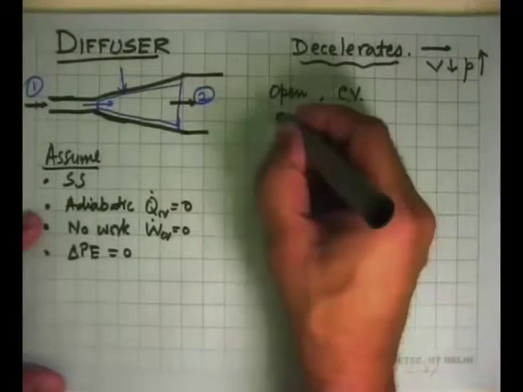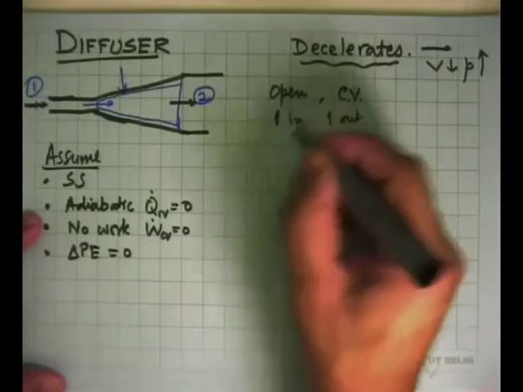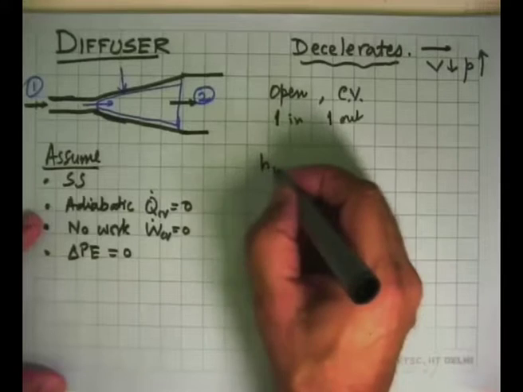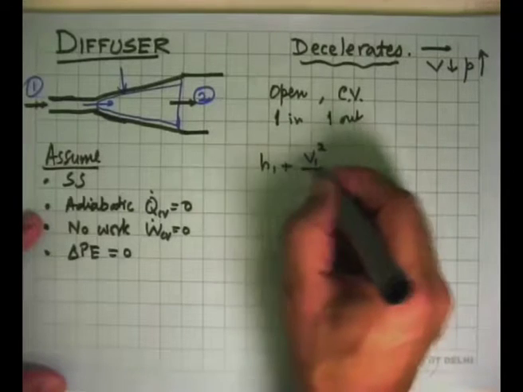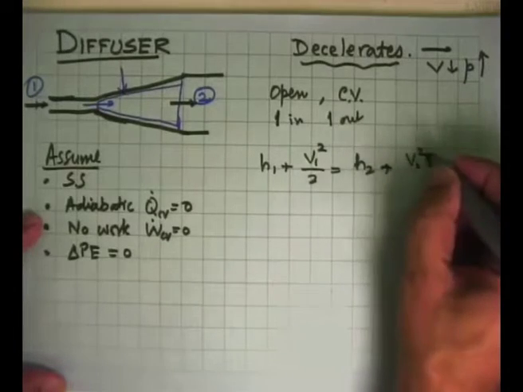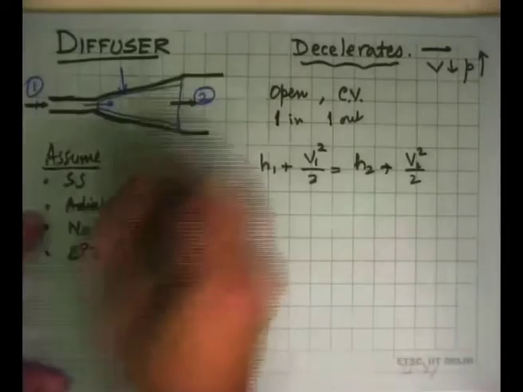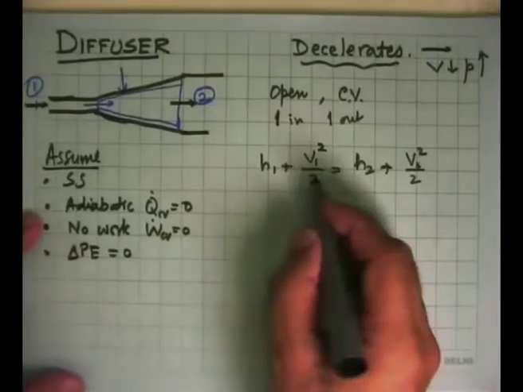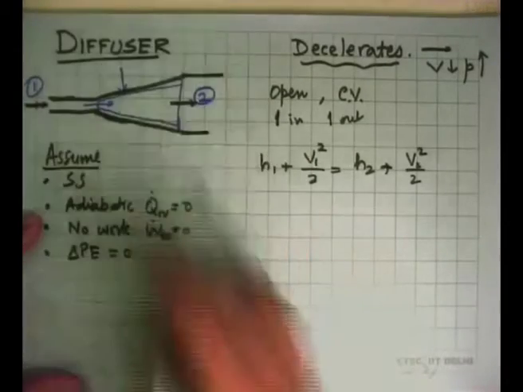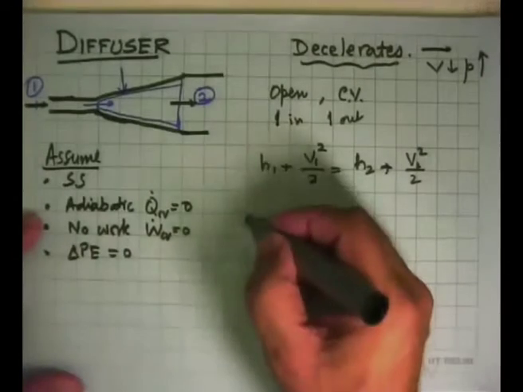So there is one inflow, one outflow, and the energy equation becomes exactly the same as what was there earlier for the nozzle. This is V2 square by 2. So in the direction of flow, the enthalpy will change and you have a decrease in the velocity.